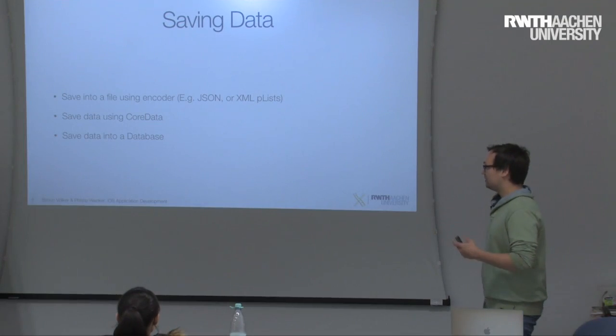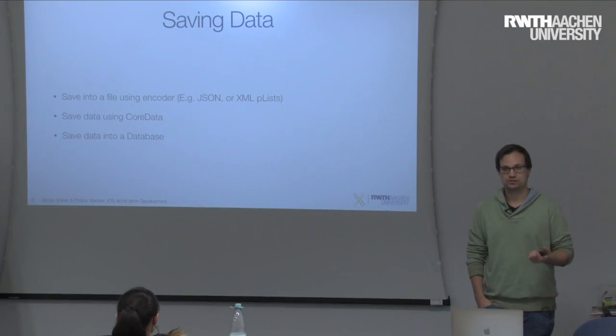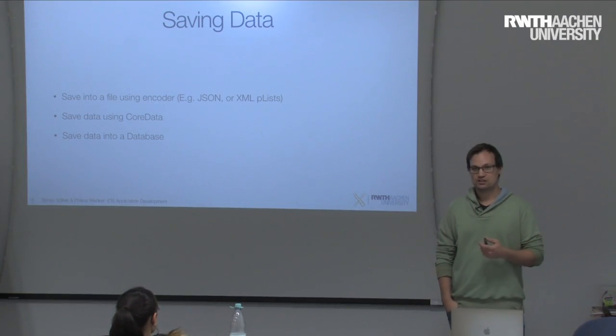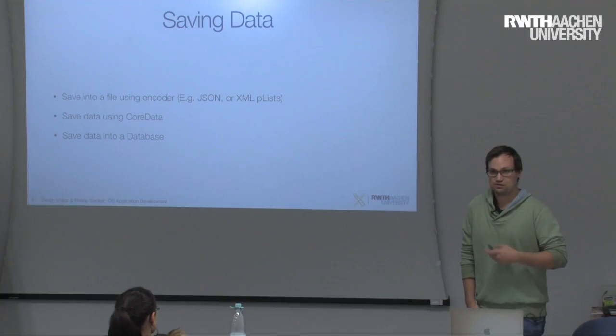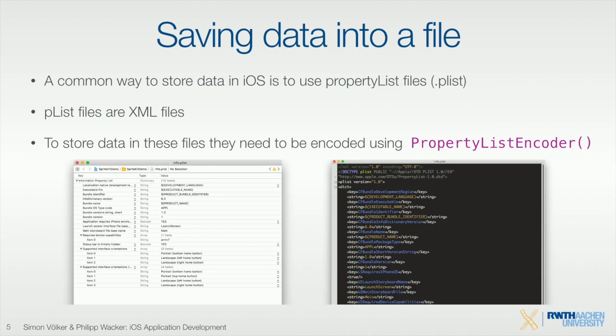And as I already said, saving into a normal file is for small configurations. You don't want to store gigantic information in there because it gets very unstructured, because you have to structure it on your own. However, the typical thing when you want to use that is property lists. The file extension is called plist.